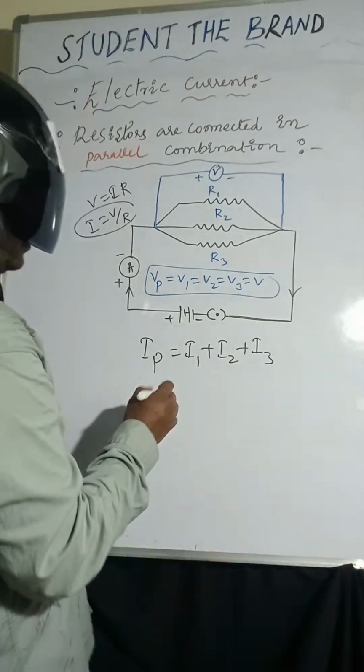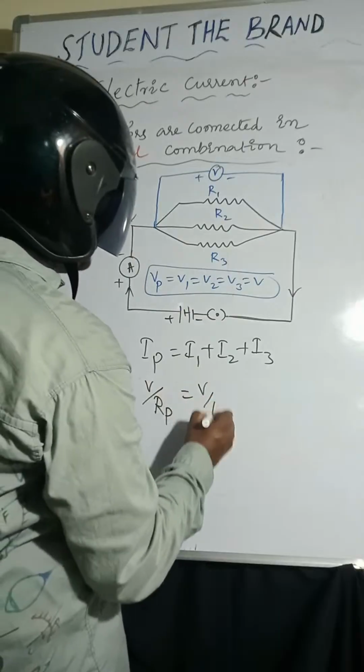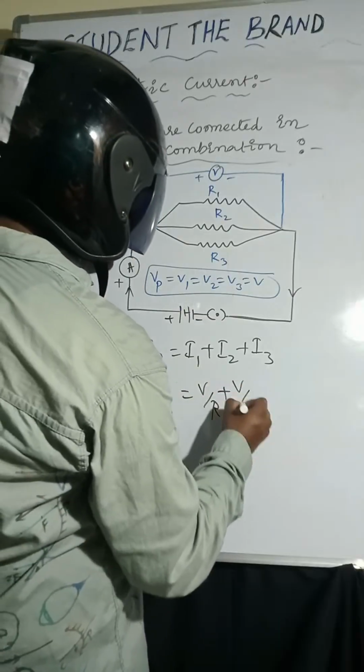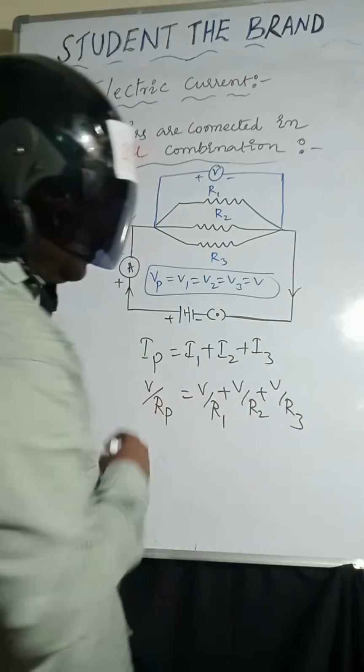Right? Now V by Rp equals V by R1 plus V by R2 plus V by R3. Shall I take V common?